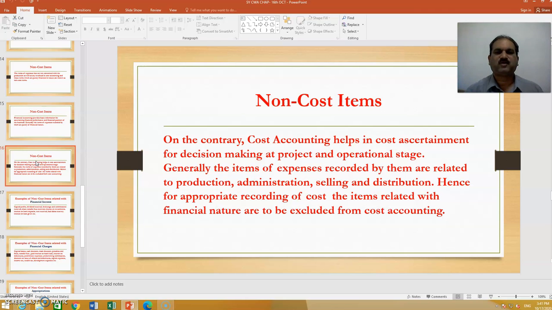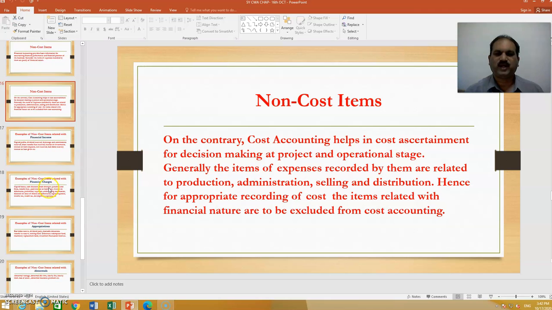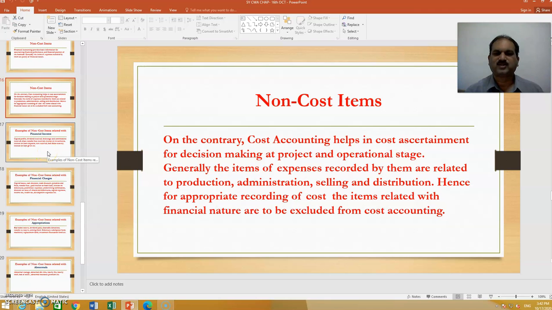Generally, the items of expenses recorded by them are related to production, administration, selling and distribution. Hence, for appropriate recording of cost, items of financial nature are to be excluded from cost accounting, and so they become the non-cost items.